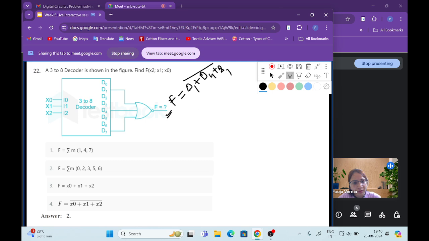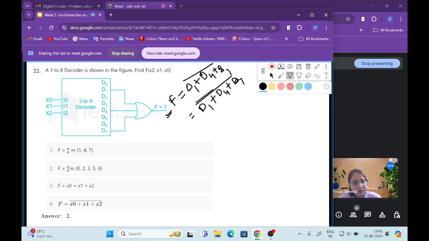It is the output D1 plus D4 plus D7 dash.